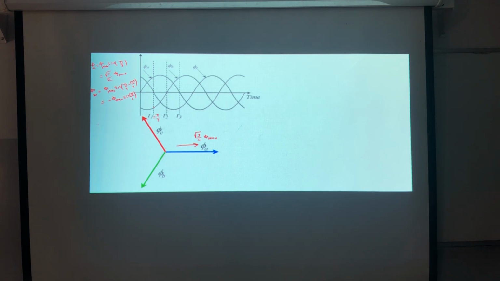You know that sine of minus theta equals minus sine theta. So this equals minus square root of 3 over 2 phi max. So simply, where will I put it? Opposite to the flux axis of B, correct? It's minus, so it will be here.